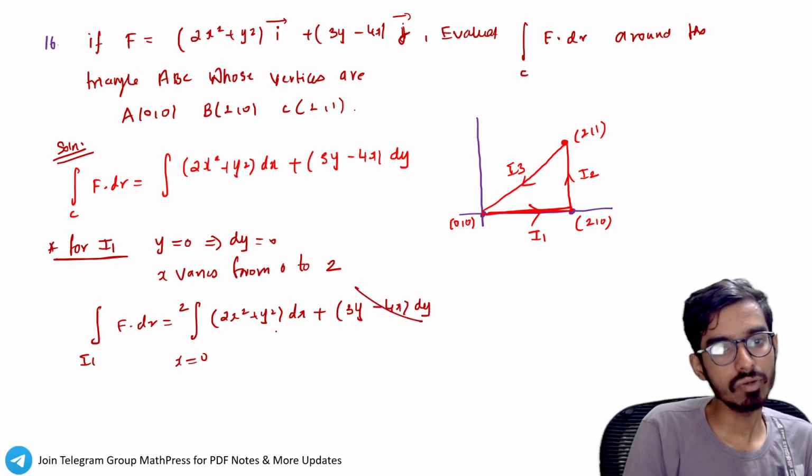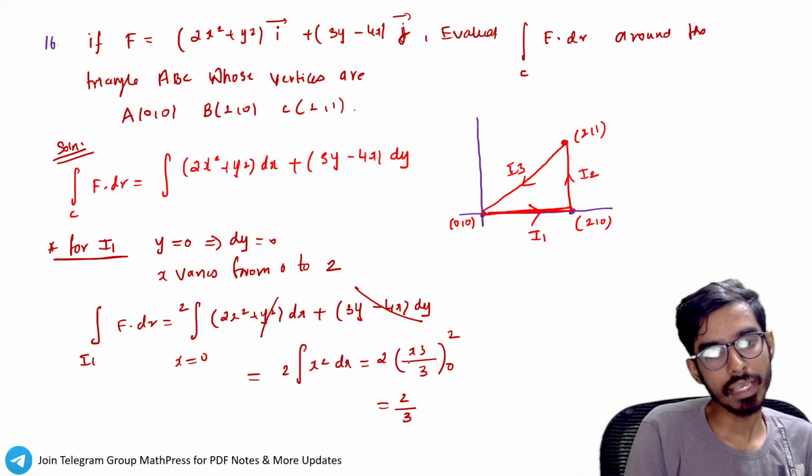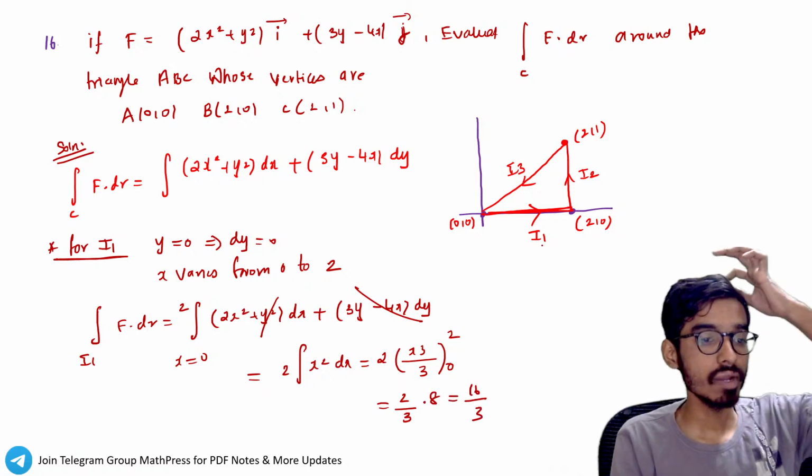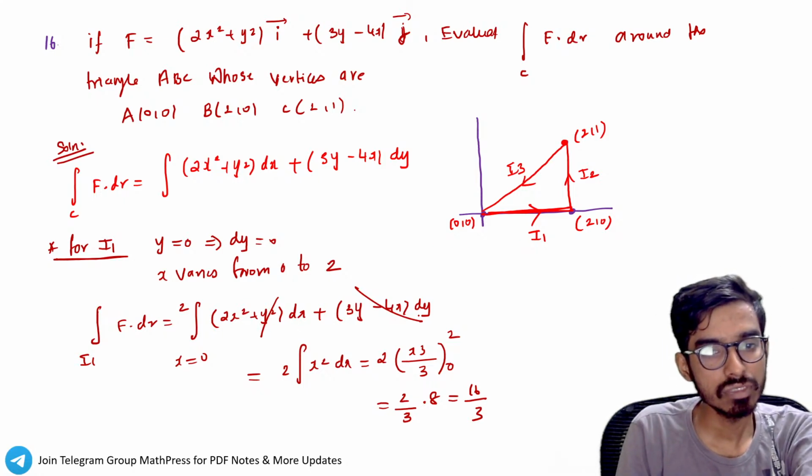Since dy is 0 and y is also 0, we will have 2 times the integration of x square dx. So 2 times x cube by 3 from 0 to 2, which is 2 by 3 times 8, so this will be 16 by 3. So I1 is 16 by 3. Since y is 0, this term will be 0.